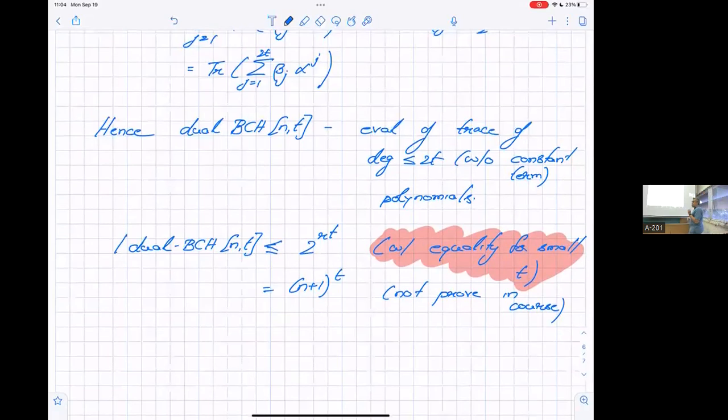That's the size. What about the distance of dual BCH? We haven't seen any theorem which connects to this. This is a non-trivial theorem.